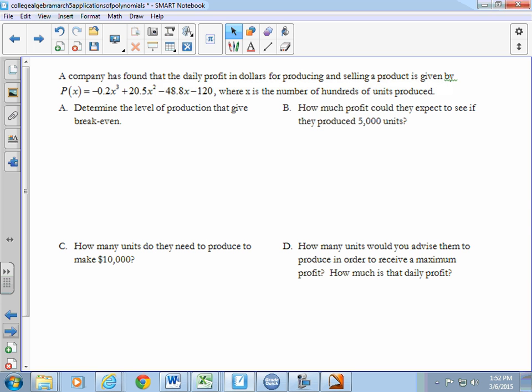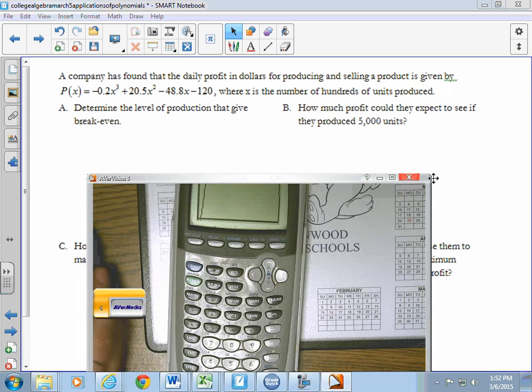This is the last problem of the day, by the way. I still have my window set where it was last time.